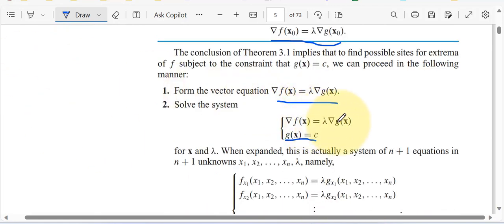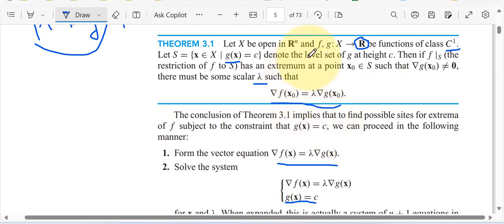And remember, we got 2 equations from this because x was in R2, so we had an equation for x and an equation for y. Here, since we're being more general, we're not going to have just 2 equations. We're going to have n equations because we're talking about having n inputs.